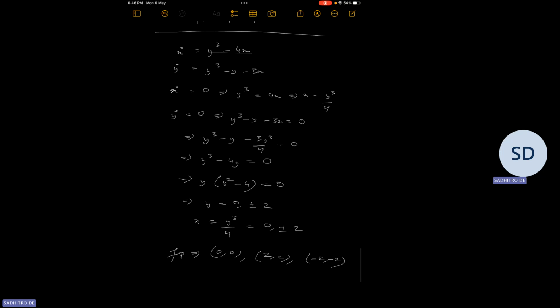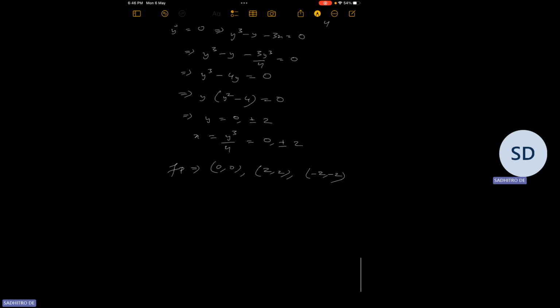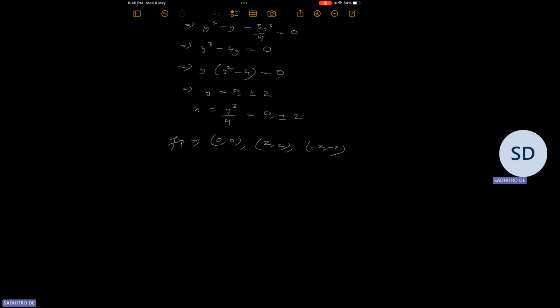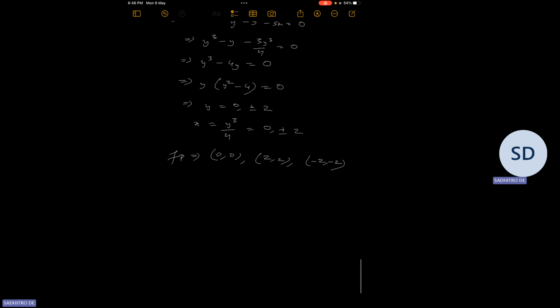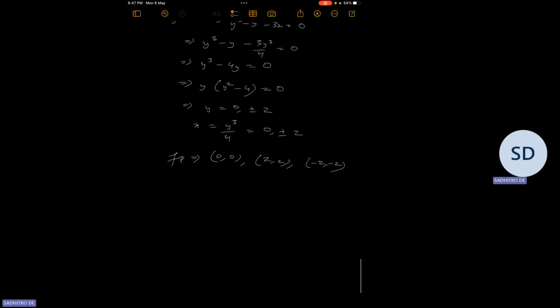One interesting thing which you can note from this equation is that, actually I'll come to that later, but before that, let us classify the stabilities of the fixed points.